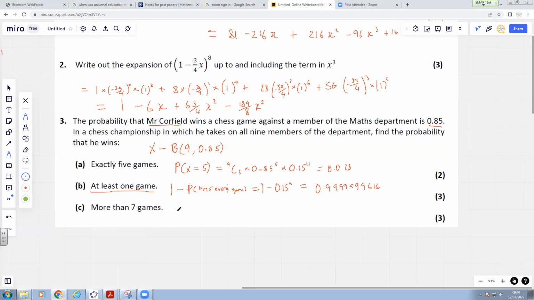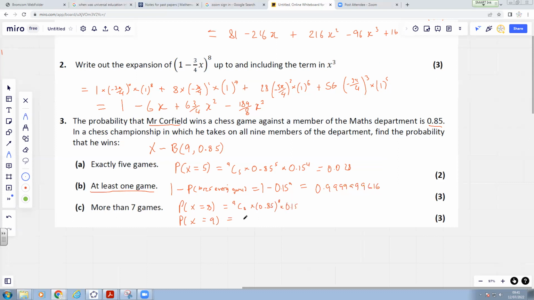Okay, more than 7 games. Well, you need to work out the probability that he's going to win 8 games, and work out the probability he's going to win 9 games. And then that's the probability that you win more than 7 games. Now, the long way of doing that, the old way of doing it, which isn't the super duper way of doing it on your calculator. Fair enough if you did it on your calculator, I don't blame you.